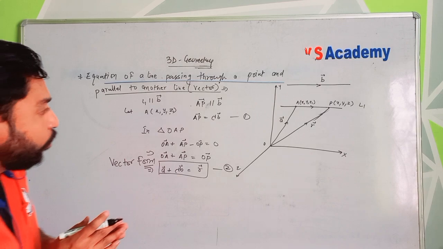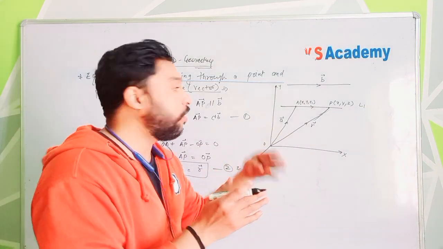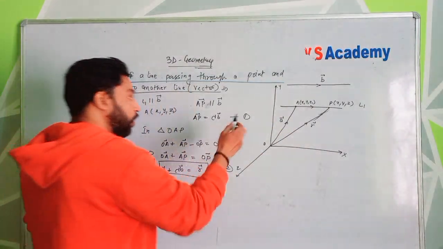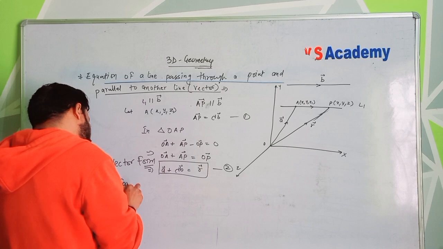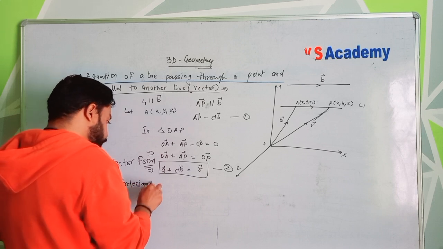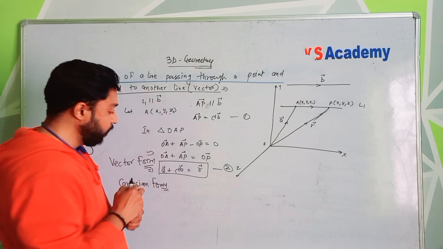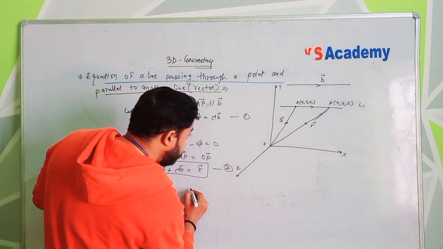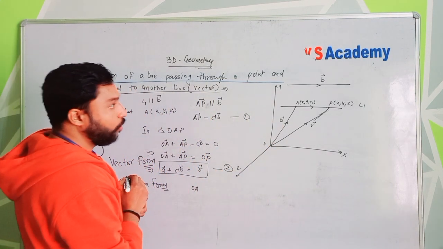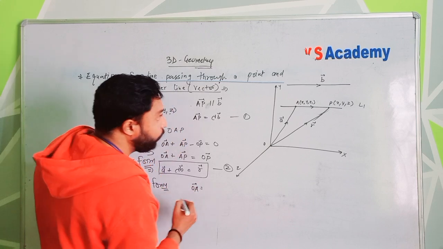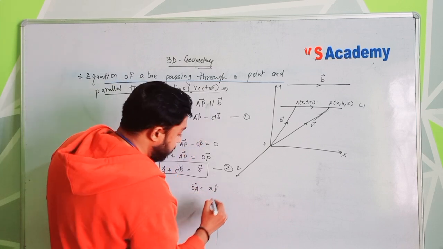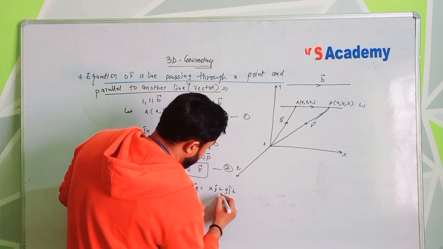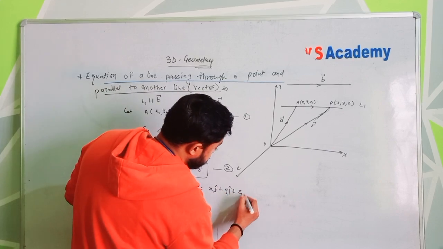Now we need to find the Cartesian form of the line. How can we find the Cartesian form? First of all, we can write the position vector of OA, which is vector A: x1 i cap plus y1 j cap plus z1 k cap.